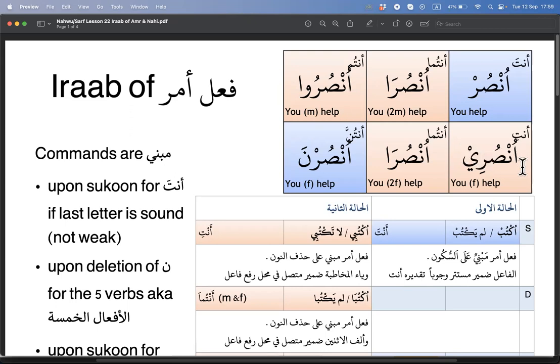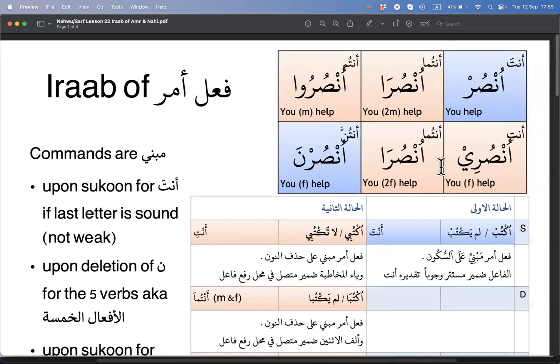So here it is fi'il amr mabni ala hazf nun, and then the ya is dhamir muttasil fi mahali rafa fa'il. So only anta is dhamir mustatir. The rest, alif, waw, ya, and nun, are dhamir muttasil. Okay, clear? That is for fi'il amr.